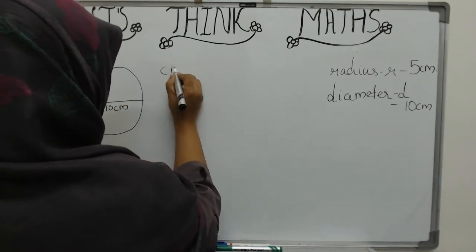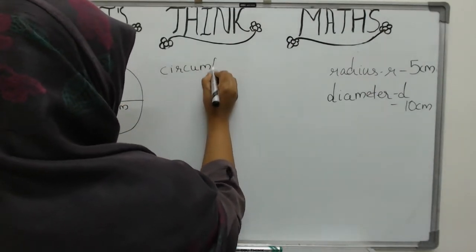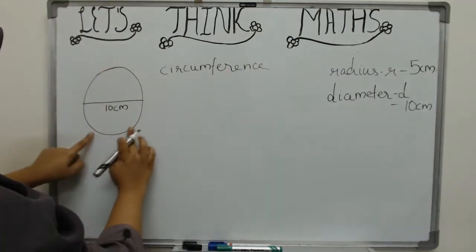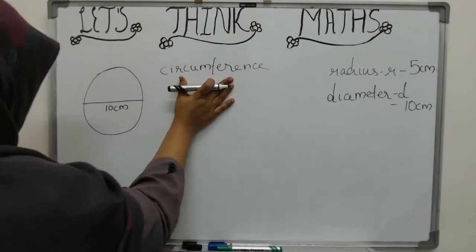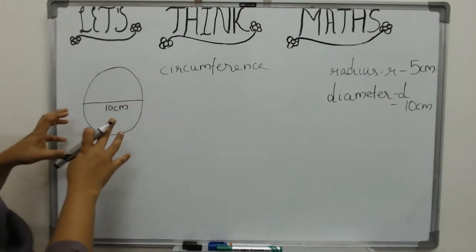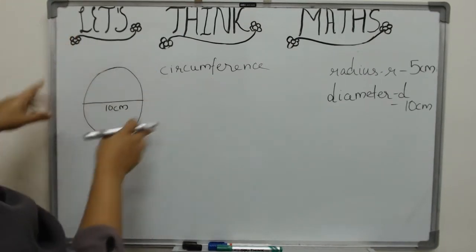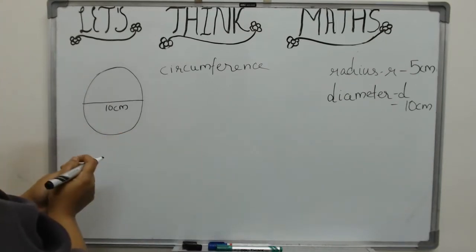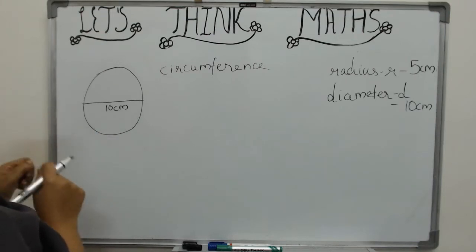Now, circumference is defined as the length of the boundary. See this? This length is called the circumference. Now, I know it is difficult to imagine measuring something which is circular in shape, because usually we measure things which are linear, right? So, it's very easy. Just consider a wire or a string.